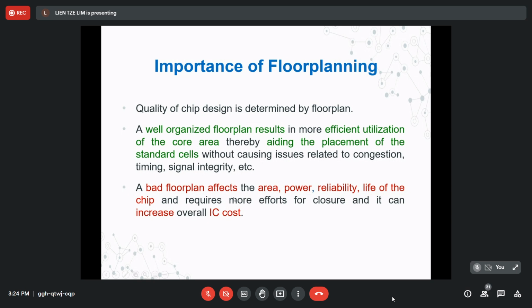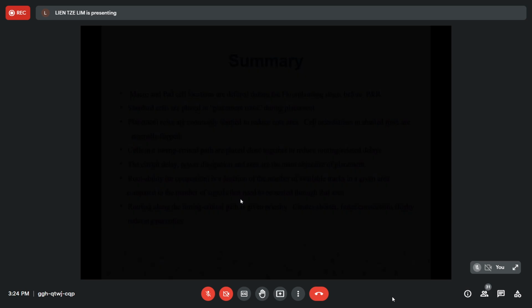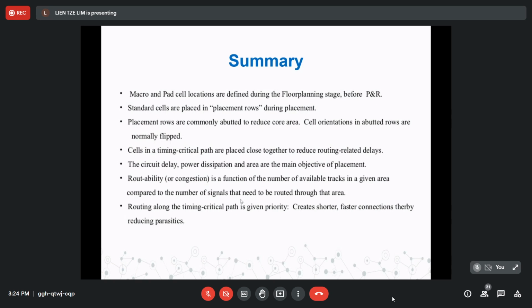This one you also have to remember. As a summary, macro and pad cell locations are defined during the floor planning stage before the P and R, which means placements and routes.